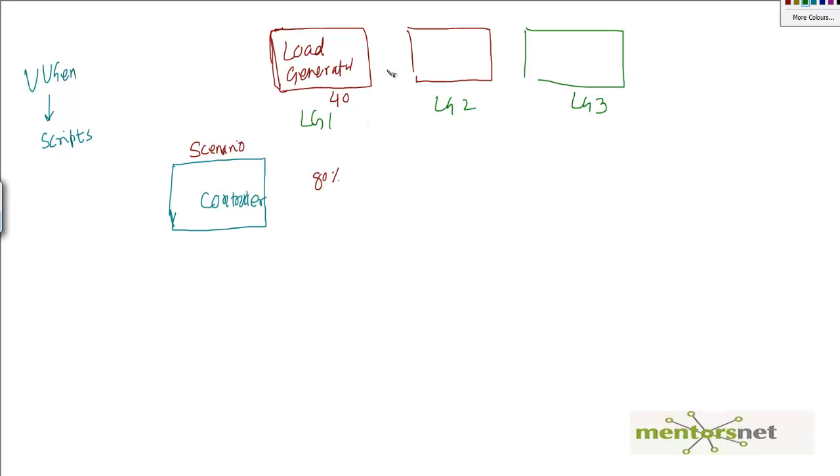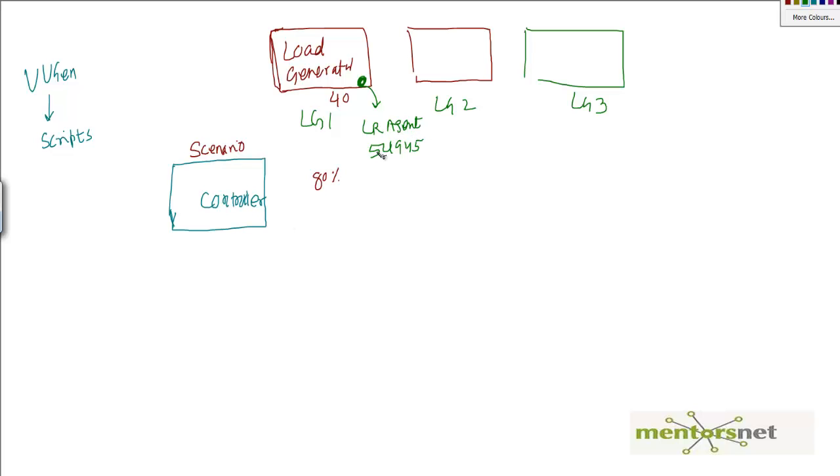On these machines we have an agent, called the LoadRunner agent, which listens on a particular port, I think something like 54945.